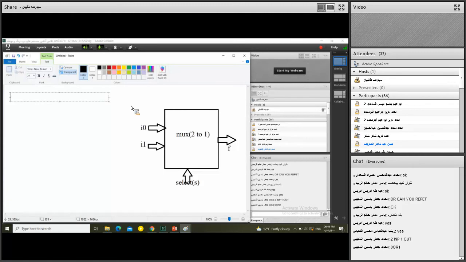Entity mux, for example, 2 to 1, is port I0, I1 and S. All of them are inputs. Now we want to write bit, but we can write another thing. I want to speak about it. Std Logic.